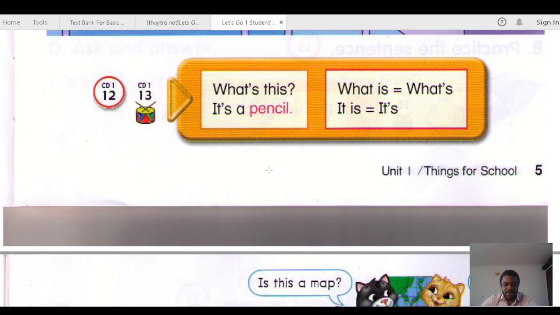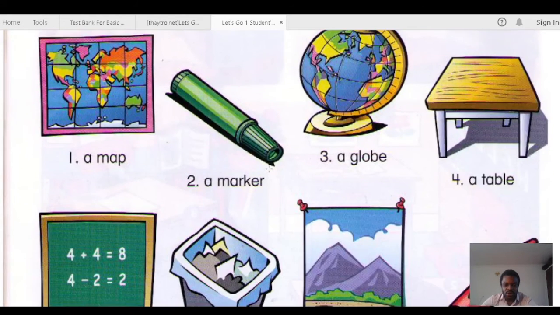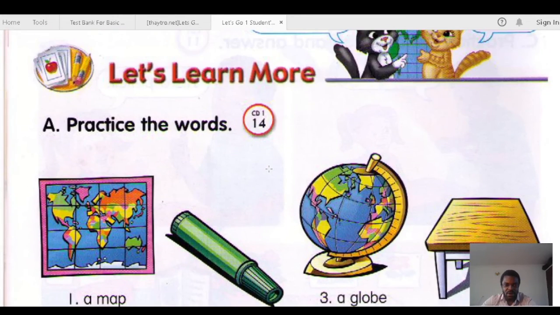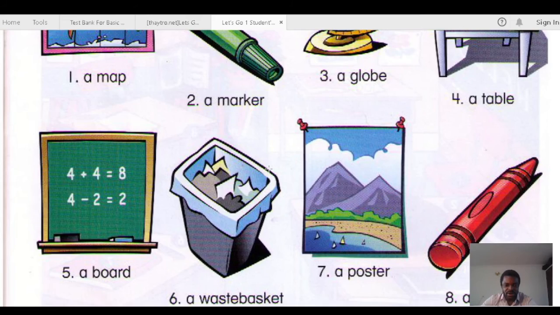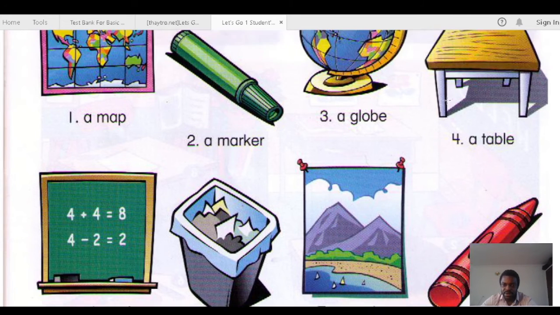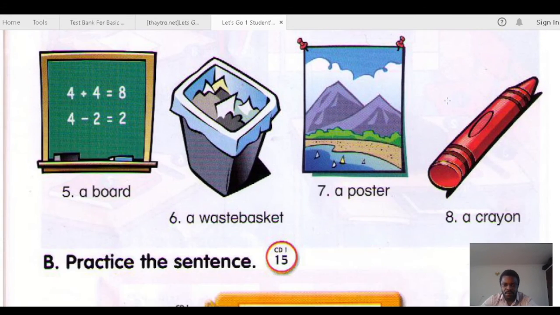But when there are many, as you can see as we go forward, here again they're talking about what? To practice the words. All the things you see here: map, marker, globe, table, poster, crayon. These are names of things, so they are nouns.